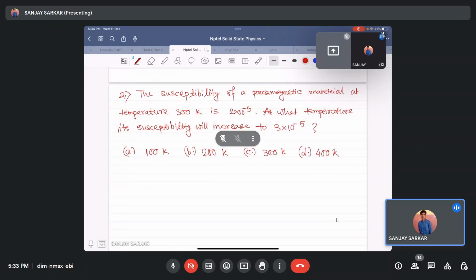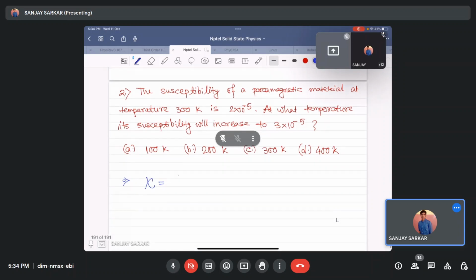So this is a paramagnetic material. For paramagnetic material, the susceptibility chi equals C by T. So use this formula and calculate the temperature.